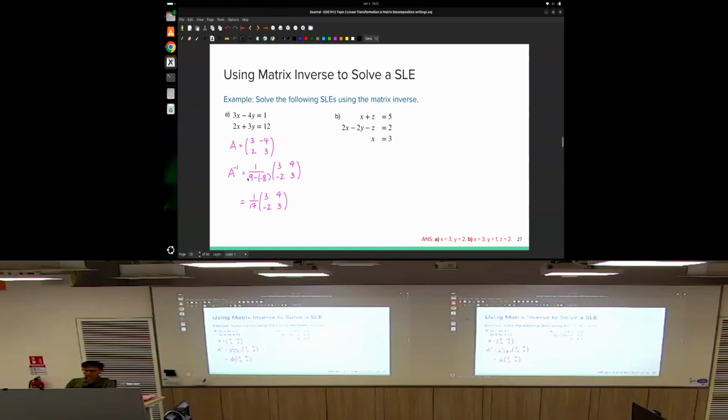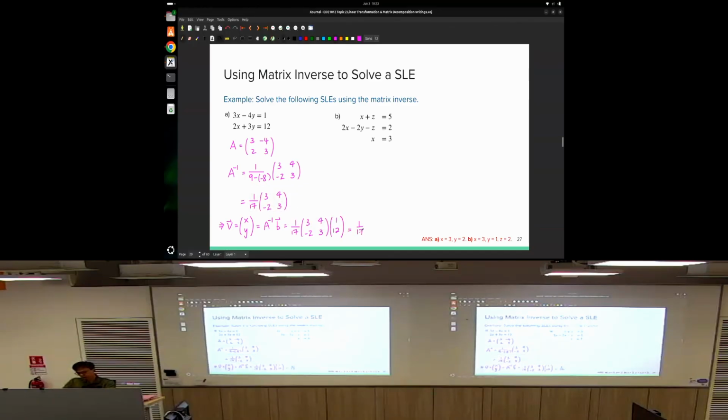After you have defined the inverse of the matrix, you can use it to solve for your unknown, which is your unknown vector v, simply (x, y). So you take A inverse, multiply by the constant vector b. A inverse is already computed right here, so you multiply by the constant vector, which is (1, 12).